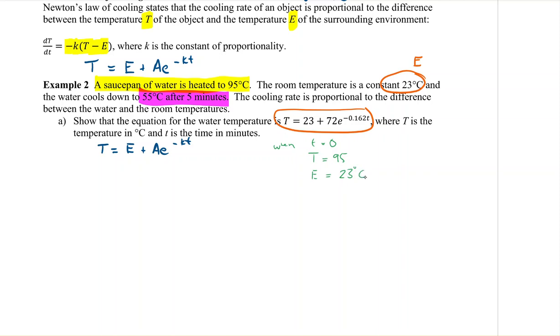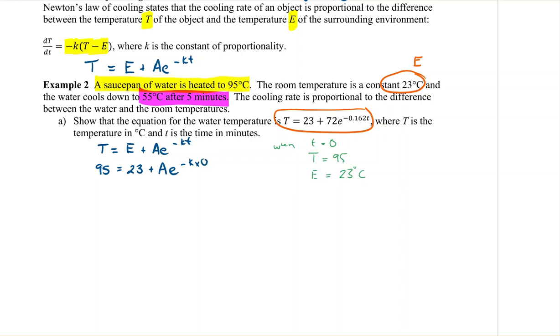So that was the first bit of information. Let's sub that into our equation. Capital T is 95, environment is 23, A I don't know yet, E to the power of minus K times little t, which is 0.